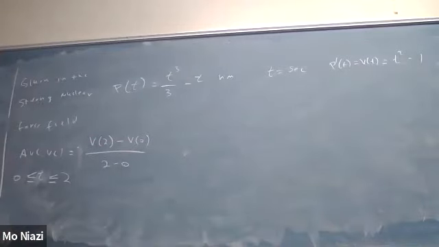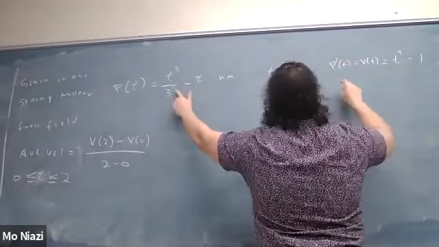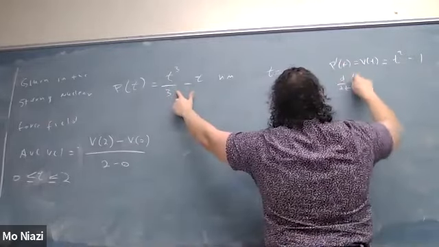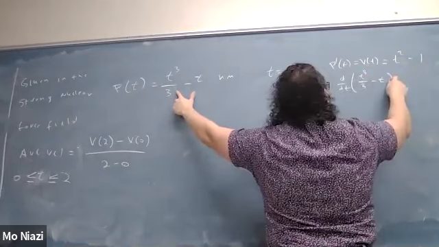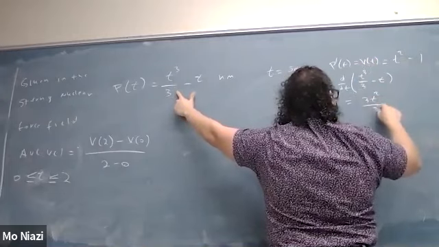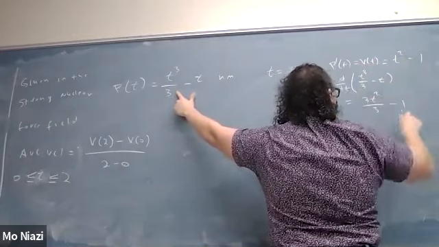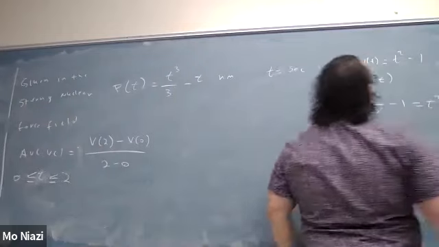Why? Well, when you take the derivative of this, the derivative hits that first term, it becomes 3t squared all over 3. The derivative hits that second term, it just becomes a minus 1. The 3's cancel, so it just becomes t squared minus 1.